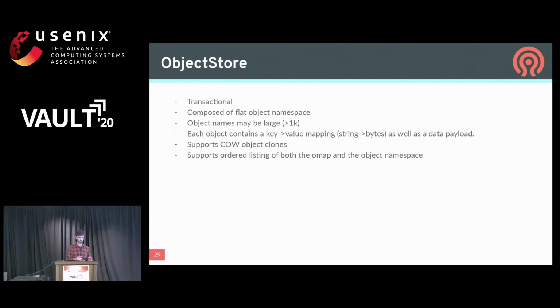The list of objects that exist for an S3 bucket is kept in a set of these objects. And also a data payload, which is less weirdly just like the 4 megabyte chunks of data that comprise RBD objects and CephFS files. It also supports ordered listing of both the OMAP and the object namespaces.